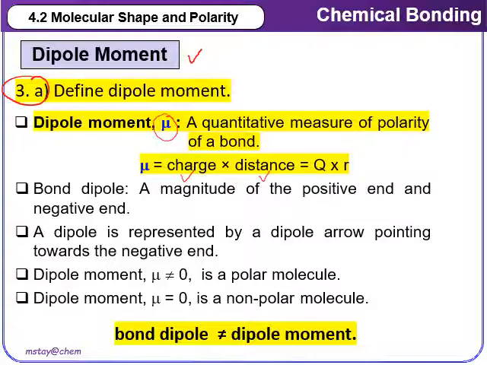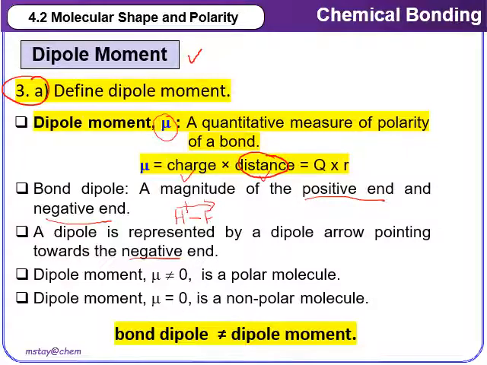Okay, so bond dipole shows which part of the bond is the positive end and which part is the negative end. Just now we used the example hydrogen fluoride, and the arrow is pulled towards the fluorine, which shows that fluorine is more electronegative. If the electron is moving, it means that there is distance.